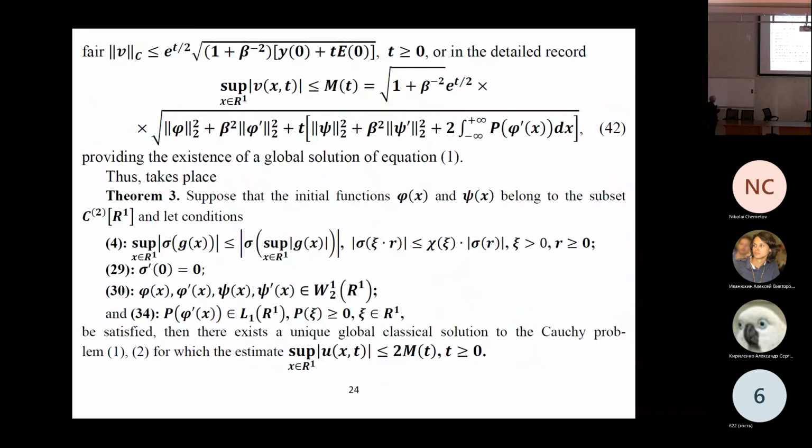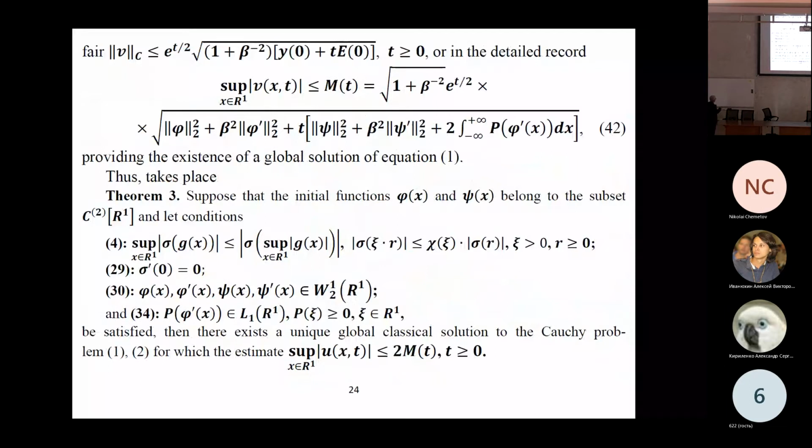Таким образом, приходим к теореме: если начальные функции дважды непрерывно дифференцируемы в пространстве непрерывных функций и выполняются условия 4, 29, 30 и 34, то существует единственное глобальное решение задачи Коши 1, 2, то есть задачи Коши для уравнения длинных продольных волн.